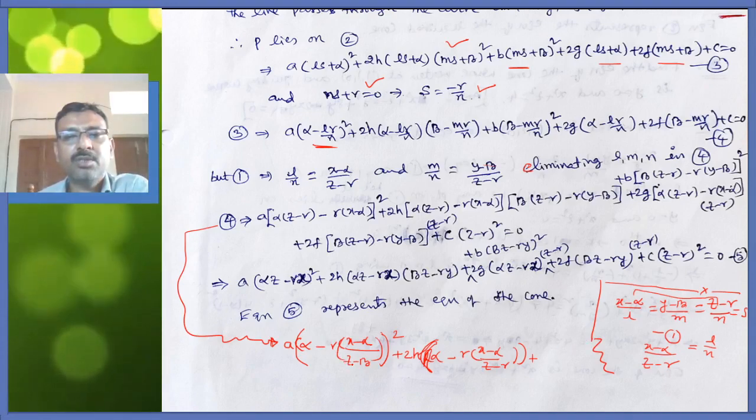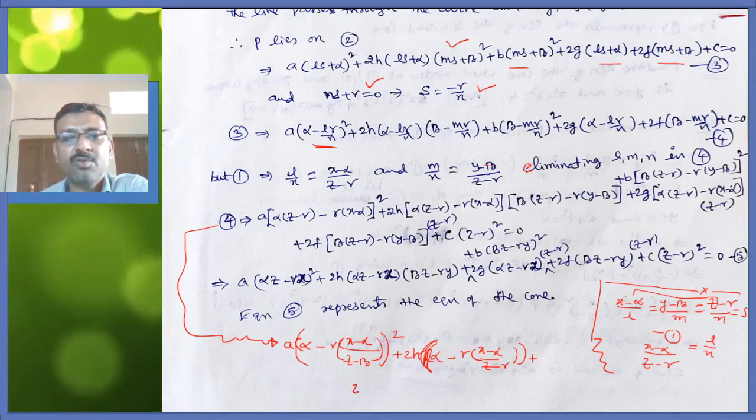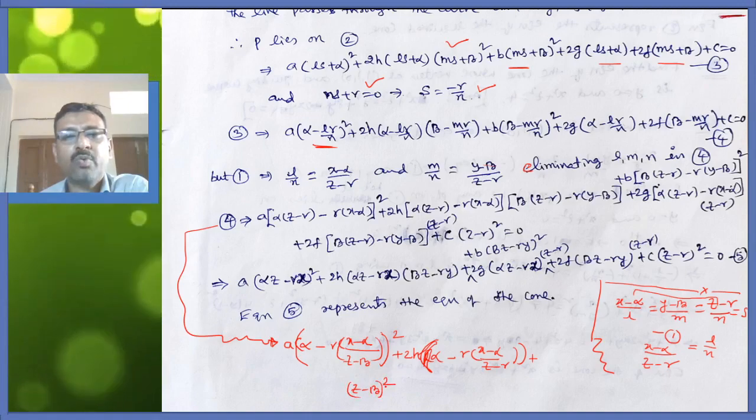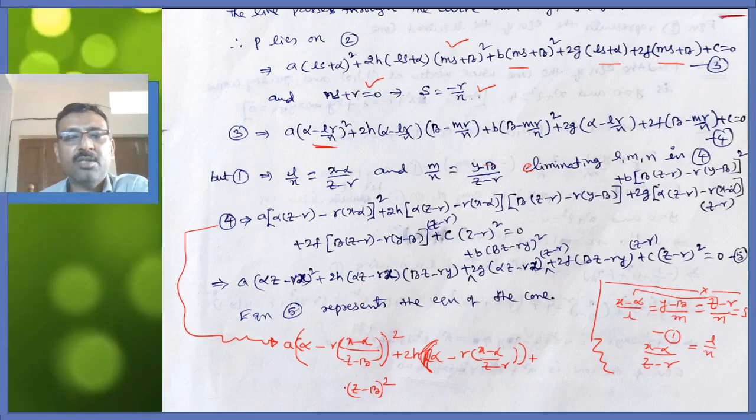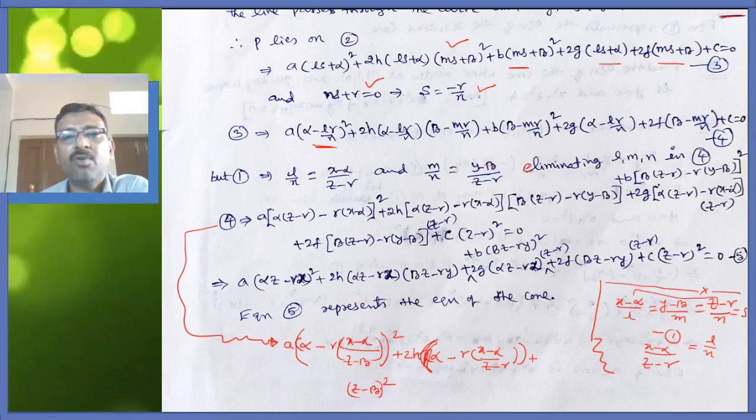Observe that in the denominator we have common terms, those are z minus gamma whole square. In every term we have the common term in the denominator.